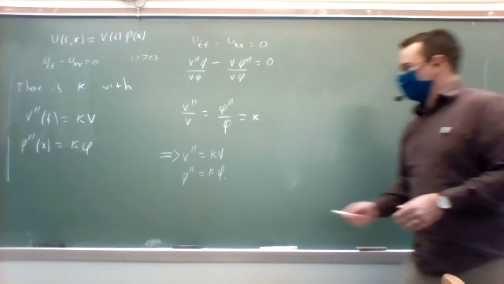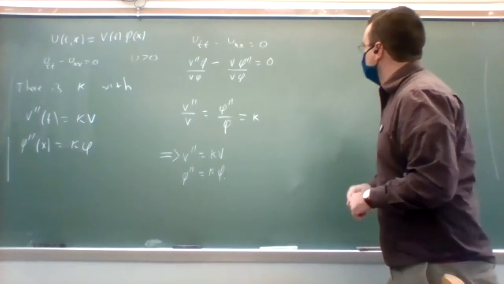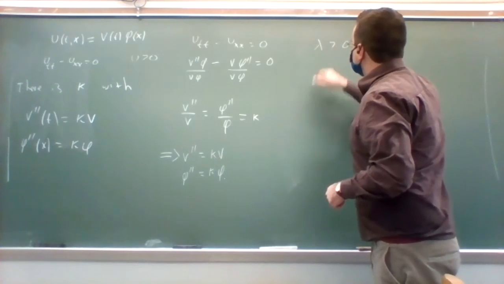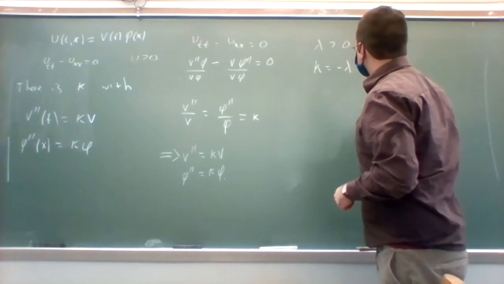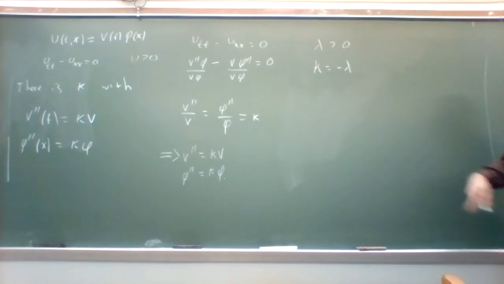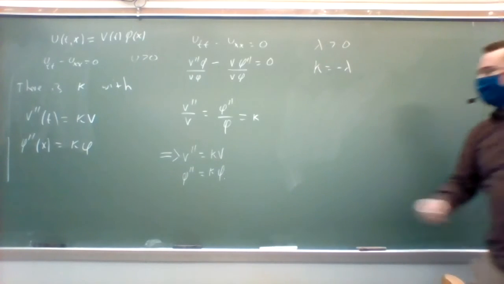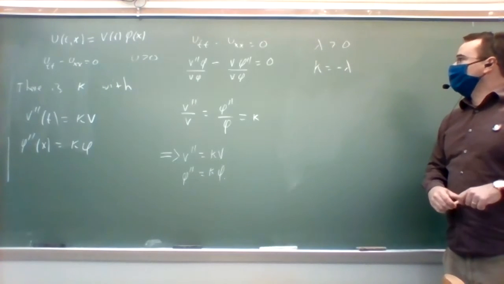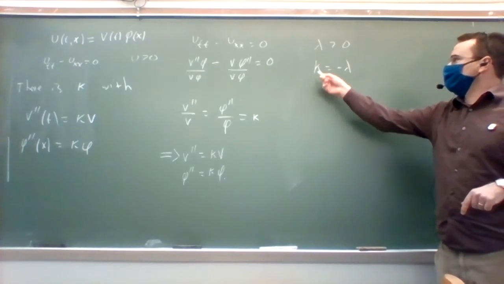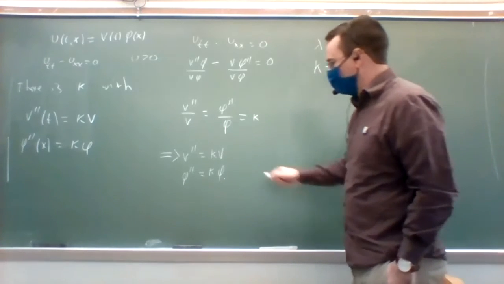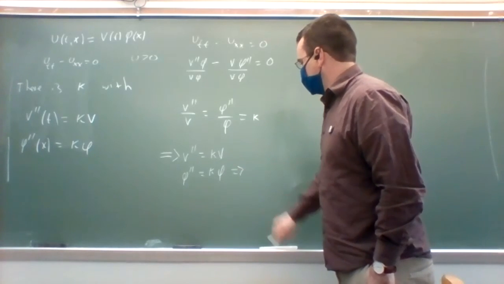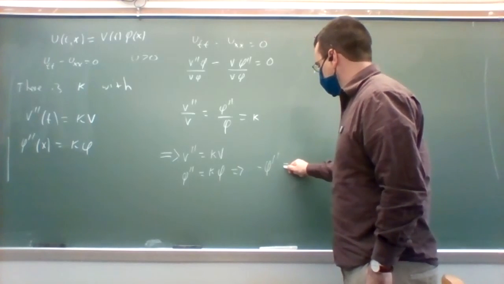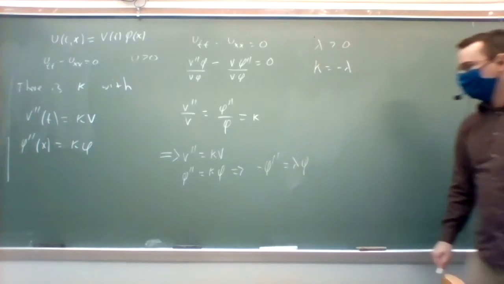And just for reasons of convenience, we usually take lambda bigger than 0 and write k equals minus lambda. In the hypotheses that are physically reasonable for us, this constant will be negative. I'll speak to that a little bit later, but if you want a positive constant, you can just do this little device, and then you end up with this equation, something like minus phi double prime equals lambda phi.